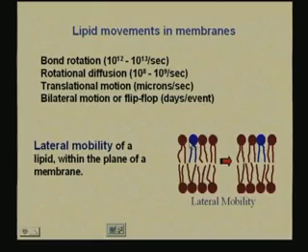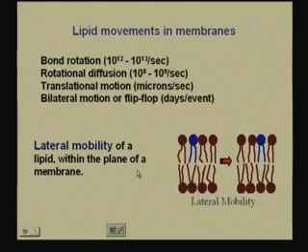Now, you have to realize that this lipid bilayer that has been shown here is just a two-dimensional representation. It is actually a surface. Okay? So, it is either going back or forth or left or right, because you have a surface that you are speaking about.